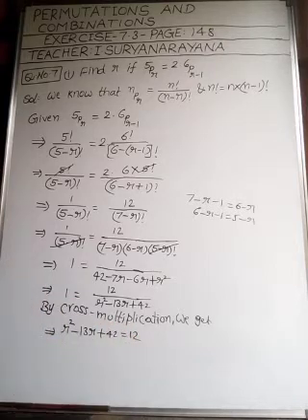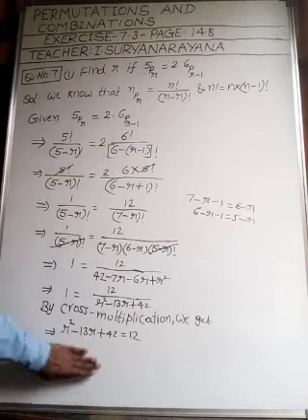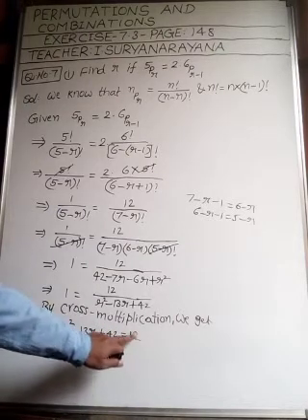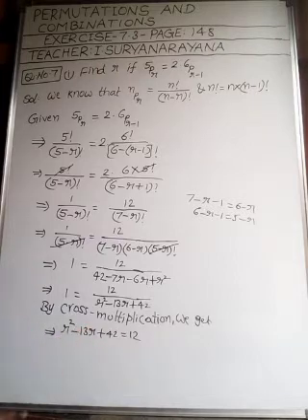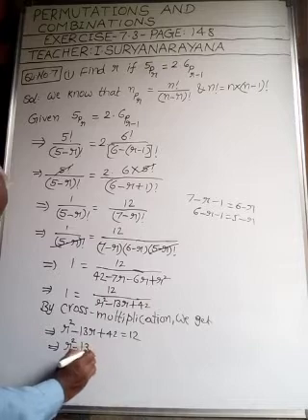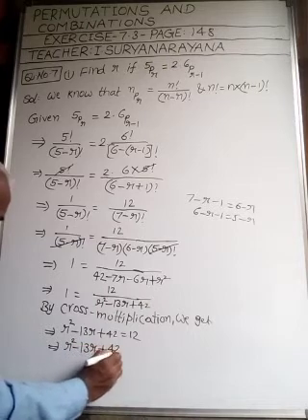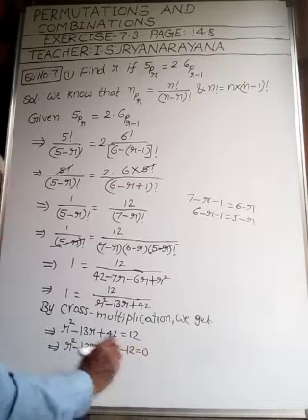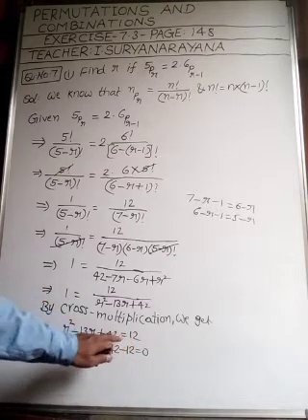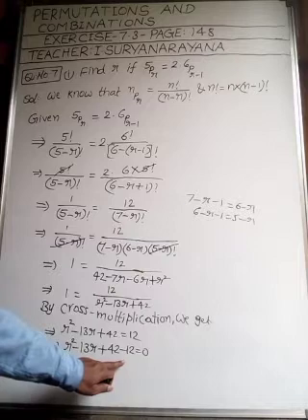Understood this step, my children? Right. Let us transpose this 12 to LHS. Then it becomes minus 12. Yes or no, my children? So r square minus 13r plus 42 minus 12 is equal to 0. Understood this step, my children? We are transposing plus 12 to LHS. Then it becomes minus 12. Understood this point, my children?